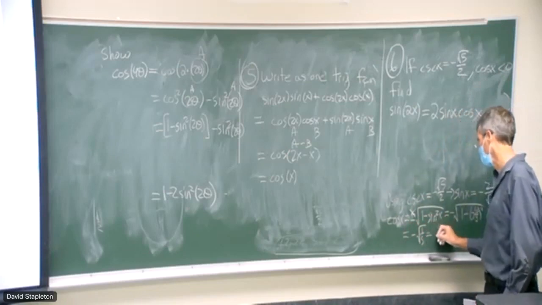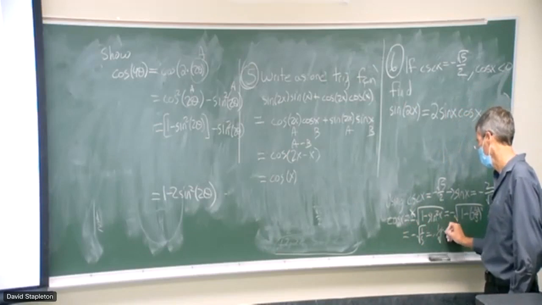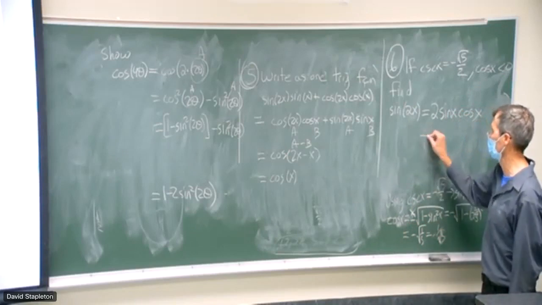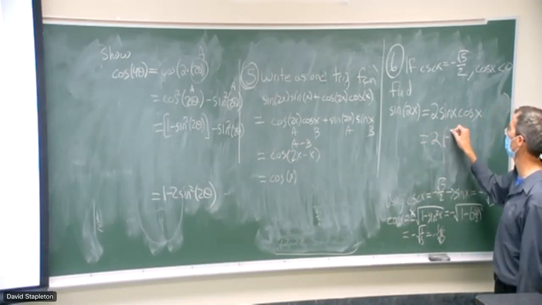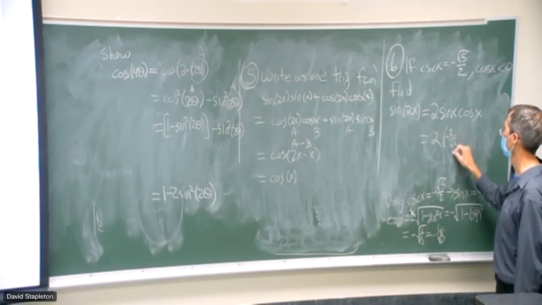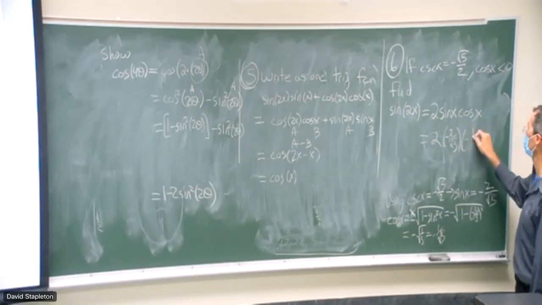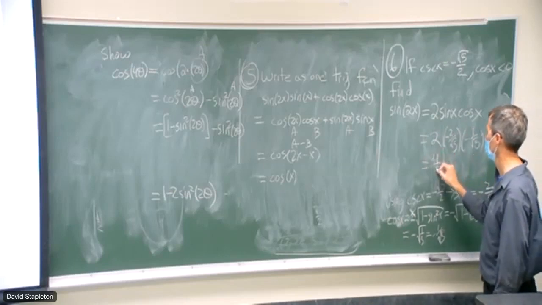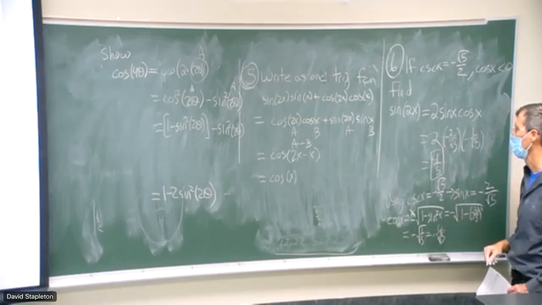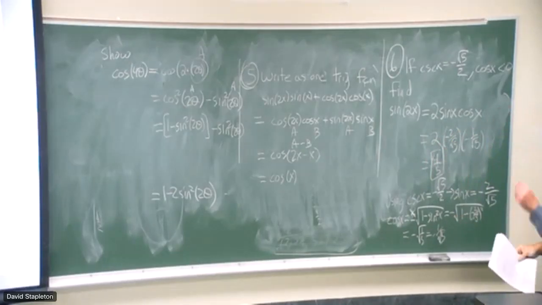And then you reduce it to minus 1 over square root 5. There it is. So this is 2 sine, sine was minus 2 over square root 5, cosine, cosine was minus 1 over square root 5. Oh, it's plus 4/5. That was solving that one.